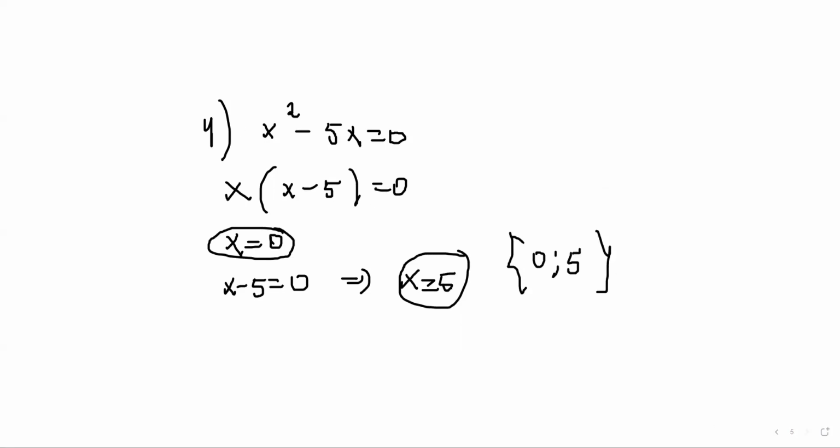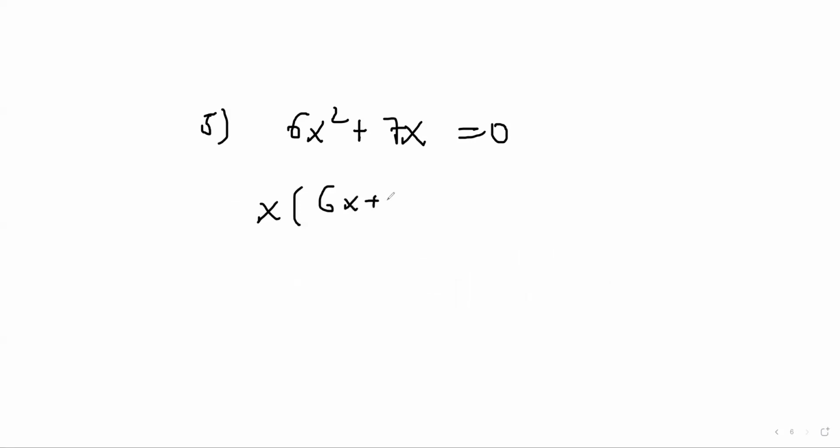Let's do something different again. Let's suppose this time we are given the equation 6x squared plus 7x equals 0. Again, we can factor out x from here, and we get x times (6x plus 7) equals 0.